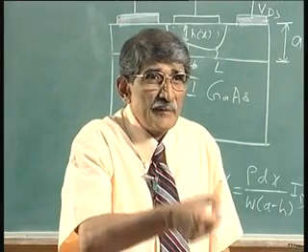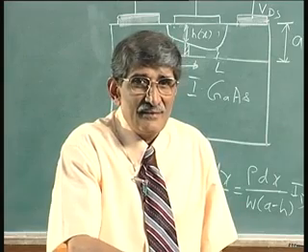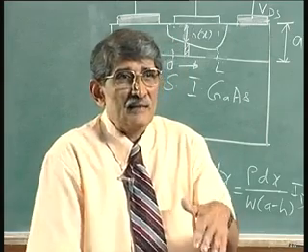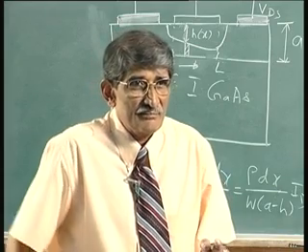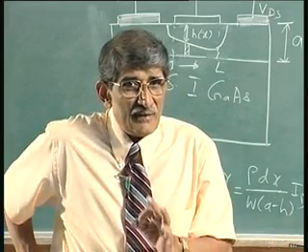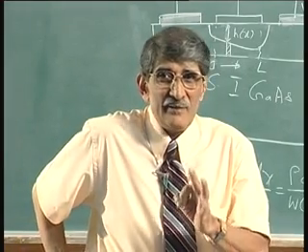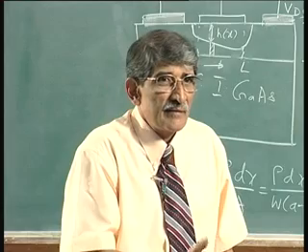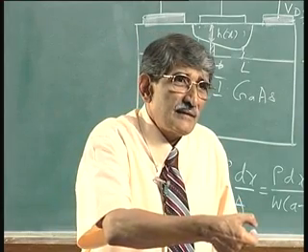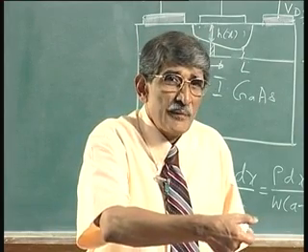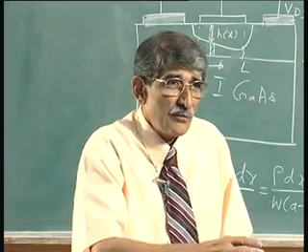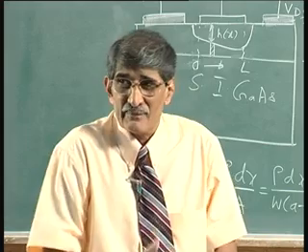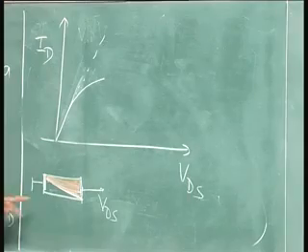There will be a small opening left, which will hit equilibrium between the voltage drop and this channel opening. In fact, you will see more to it than what I mean right now. But right now, I will say that a dynamic equilibrium is there, where the depletion layer slightly leaves the channel open to let the current flow, and equilibrium between the current and the voltage should both be satisfied.